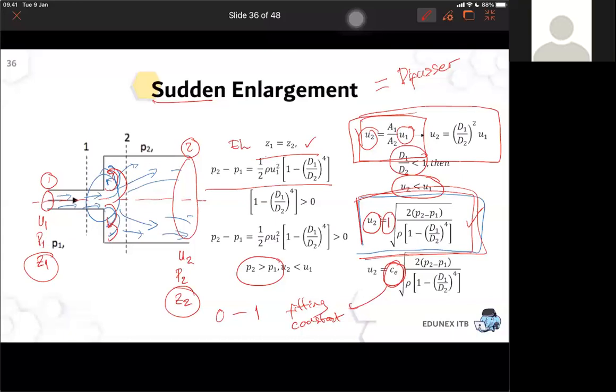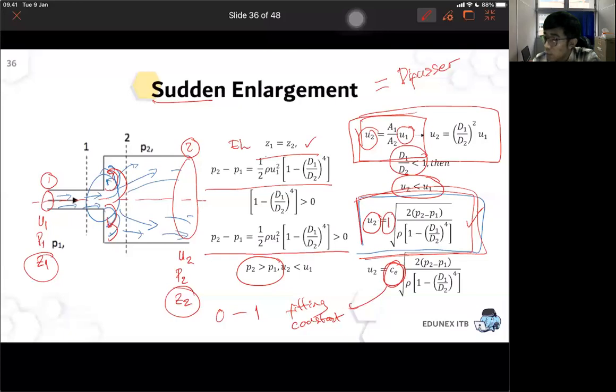But U2 is already combined, as if made into one unit? Oh, U2, what do you mean? U2 is equal to U at point 2 minus U at point 1, sir? No, U2 is just the velocity. So you get it from this one, but at point 2.